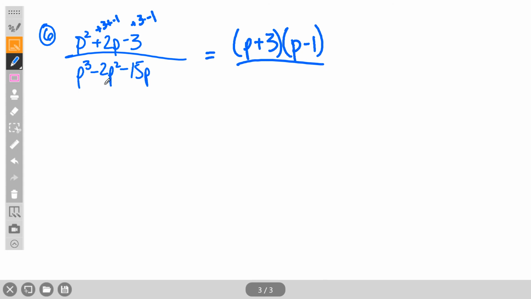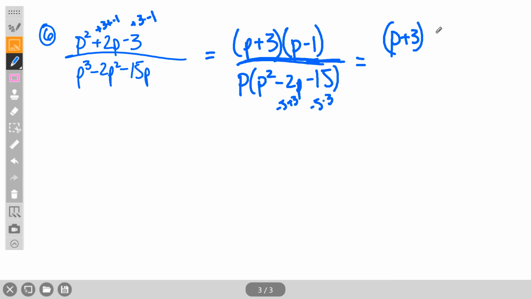I could start factoring the denominator by first factoring out a p. So that leaves me with p squared minus 2p minus 15. And then it appears I need to factor it again with 5 and 3. So negative 5 times 3, negative 5 plus 3.